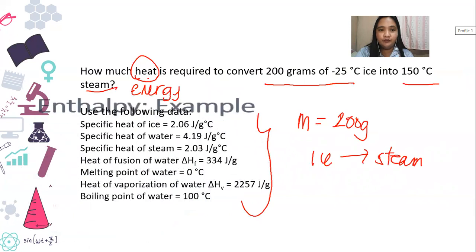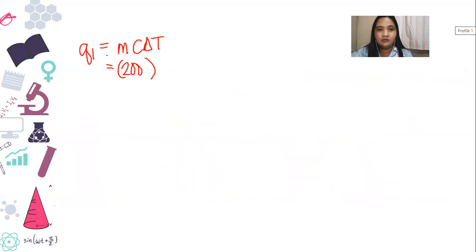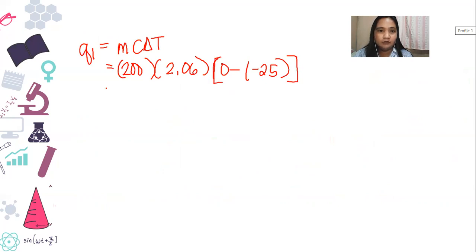So we will be using the specific heat of ice, which is 2.06. Okay, and then for delta T, what is the initial temperature? When you say delta T, it's always final minus initial. So what is the final temperature? It's 0 minus, right? And the initial temperature is negative 25. So that's 200 times 2.06.